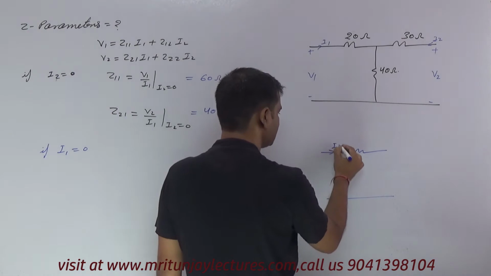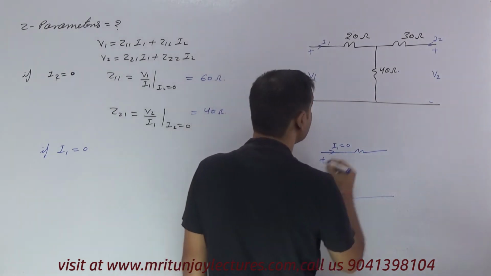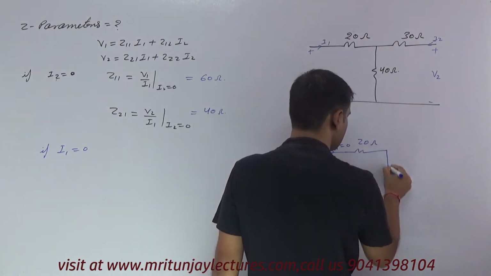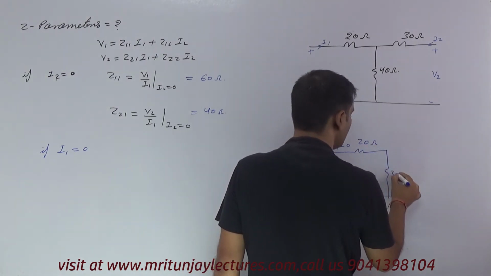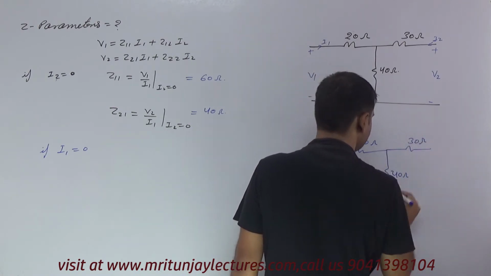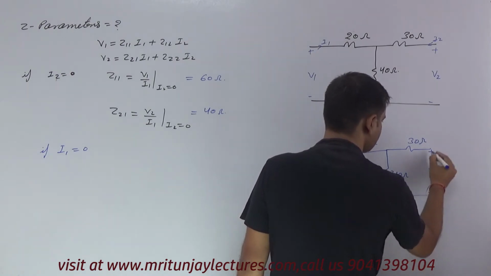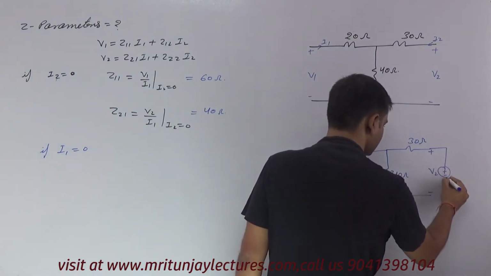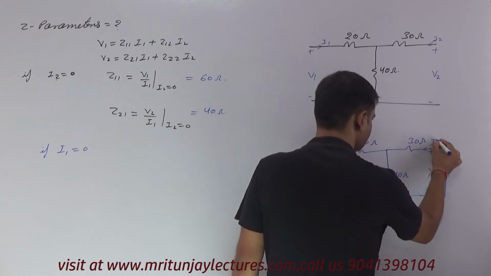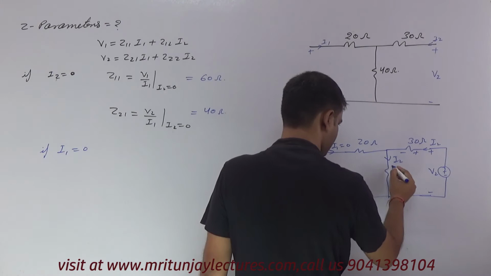I1 equal to 0 means no current flows here, so the voltage across V1, that is 20 ohm, and that is 40 ohm, and that is 30 ohm. Clear? And here the voltage V2 corresponding to this one, and that is I2. I2 current also flows here.